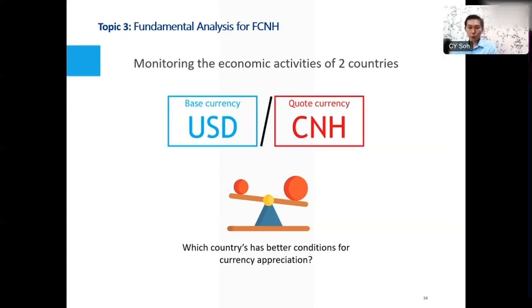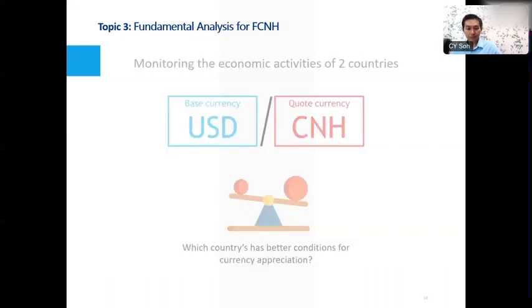When it comes to trading currency futures, we are actually comparing between two things. Remember, as I shared with you just now, currency value is relative from one country to another. So it is very important for you to be able to analyze the fundamental factors for both countries.